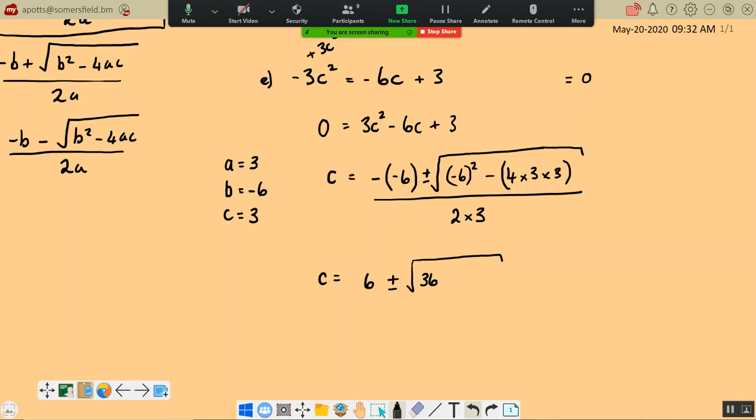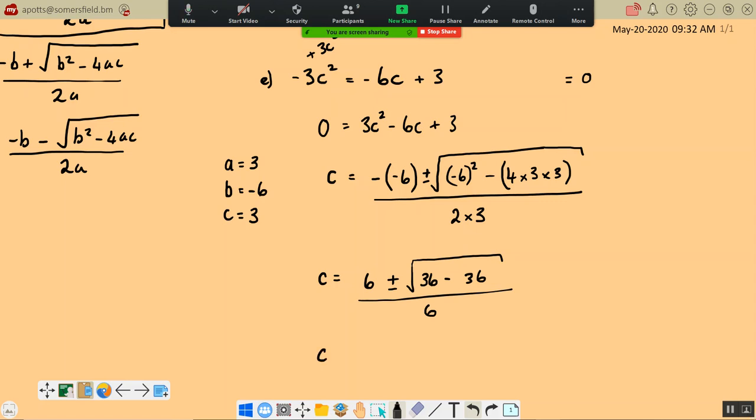And although you will know the answer is not negative 36, you'll still write it down. I know it's going to happen. And that's 36 minus, well, what is 4 multiplied by 3 multiplied by 3? 36. Okay. All over 6.